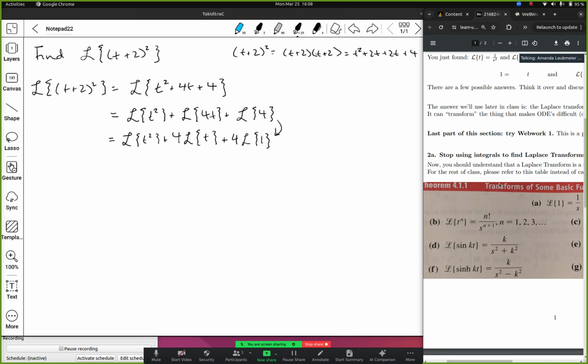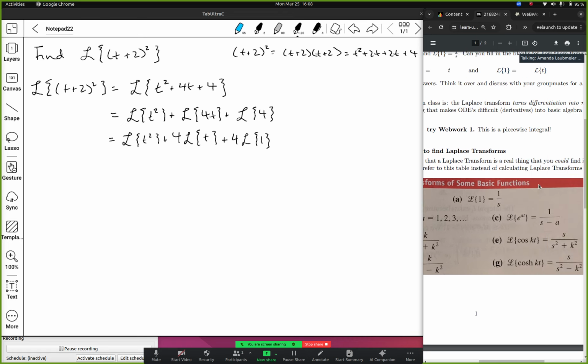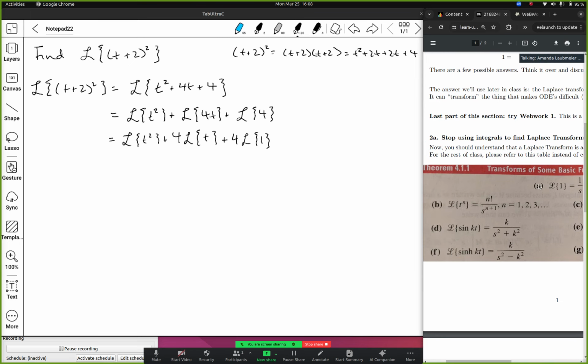And then this step right here, just important to note that like 4 is the same as 4 times 1. So I pulled the 4 out front and then left the 1 inside the Laplace right there. And then from here we can go ahead and start trying to apply the transforms that we've got on this table of some basic functions.